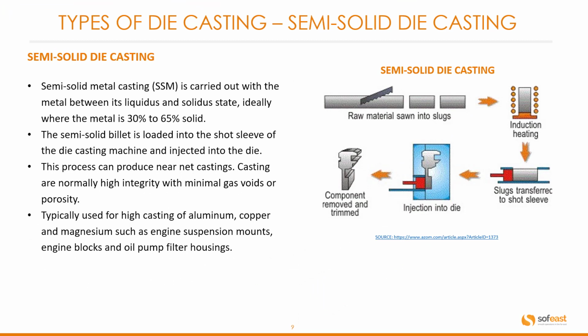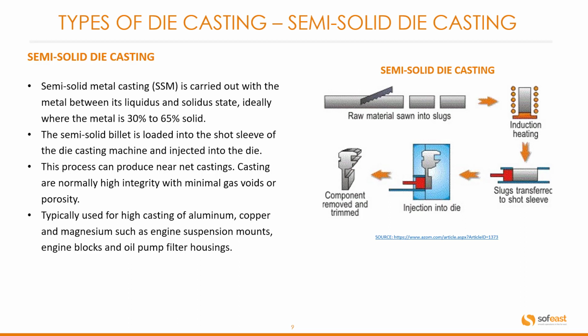Semi-solid die casting. Semi-solid metal casting, or SSM, is carried out with the metal between its liquidus and solidus state, ideally where the metal is 30% to 65% solid. The semi-solid billet is loaded into the shot sleeve of the die cast machine and injected into the die. This process can produce near-net castings.